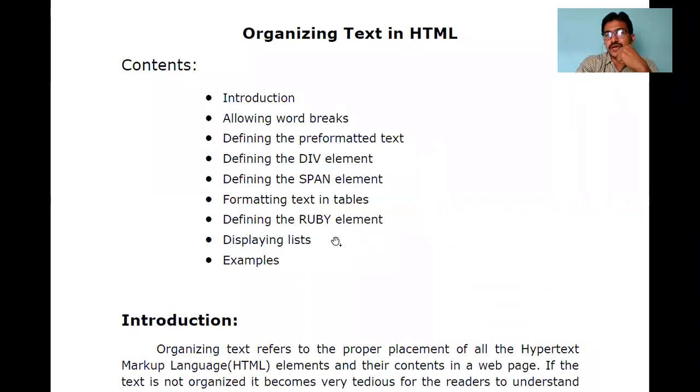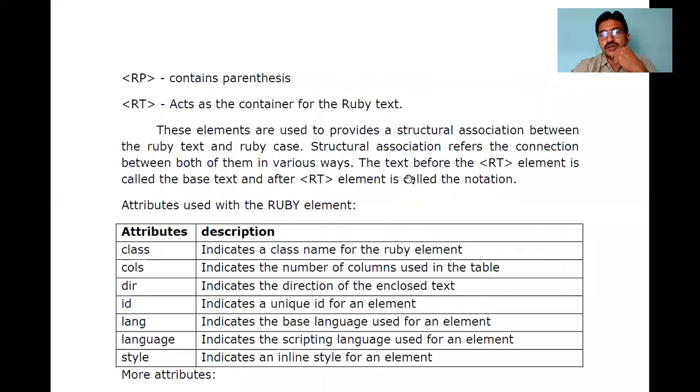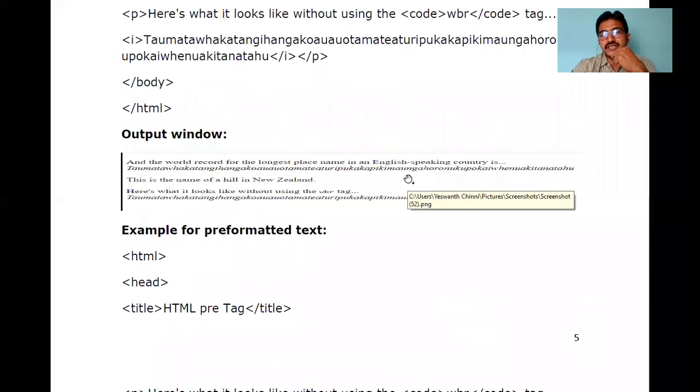List consists of two types, ordered list and unordered list, OL and UL. When you want to insert text inside the list, you use LI, right? So these are the basic knowledge about organizing text in HTML.